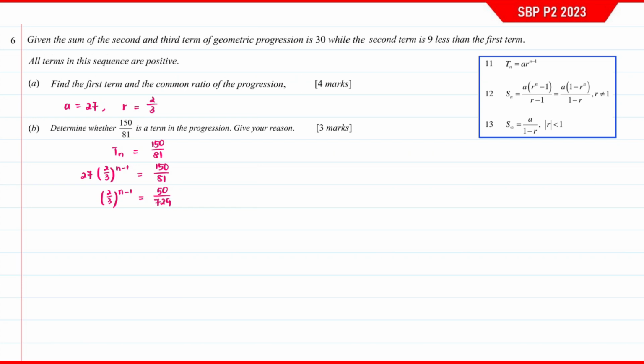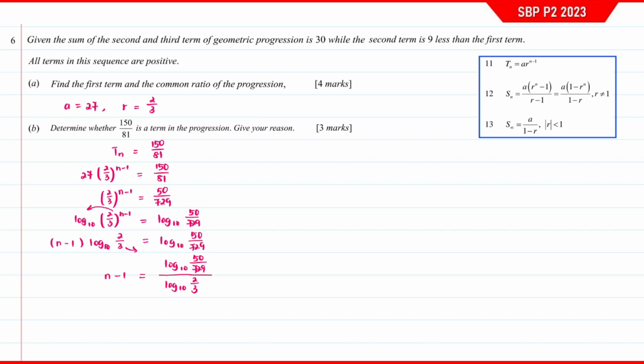To solve this, we're going to use logarithms. First, we're going to use log base 10 on both sides. Using the power law, move the n minus 1 to the front. Then, move the log base 10 of 2 over 3 to the other side.